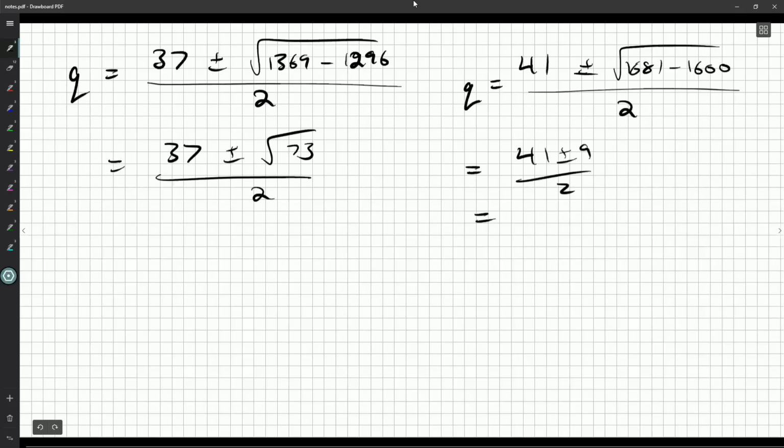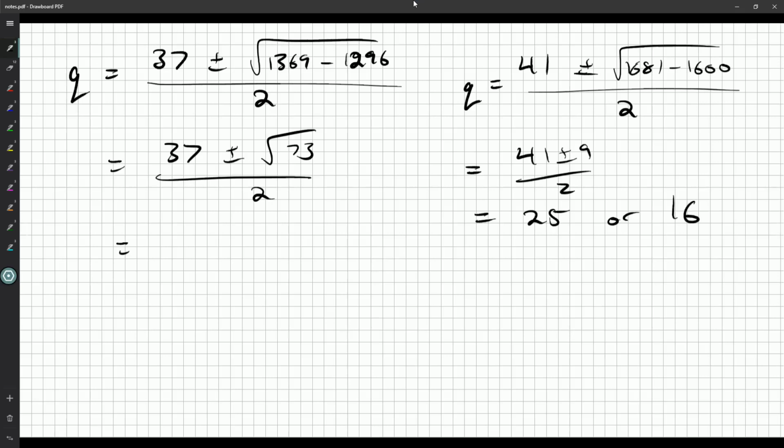So this one will be 25. So 25 or 18? 17? Oh, 41 minus 9. Let's say 16. And this over here, root 73, is not nice.